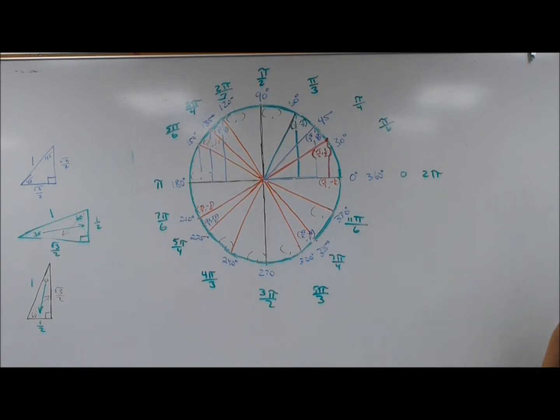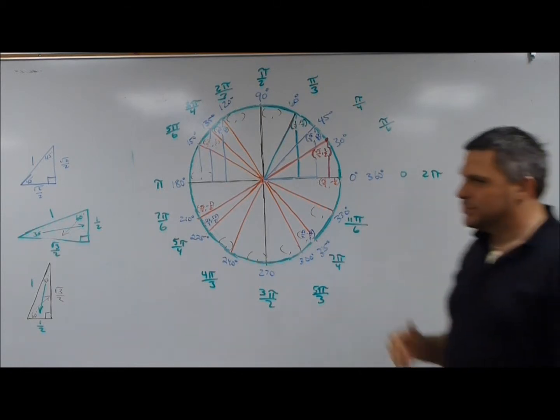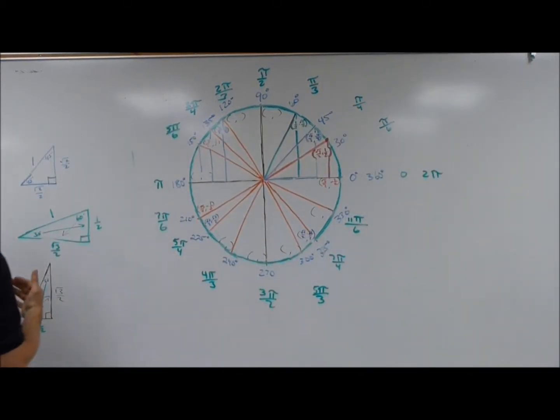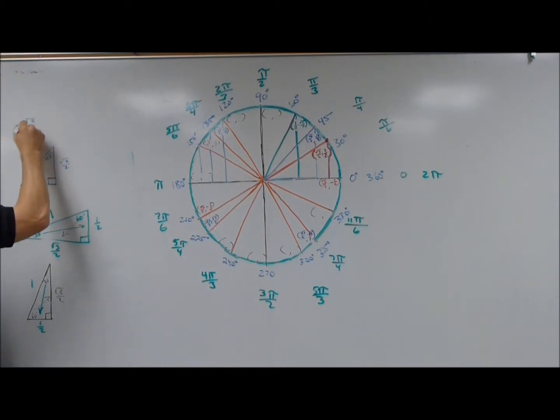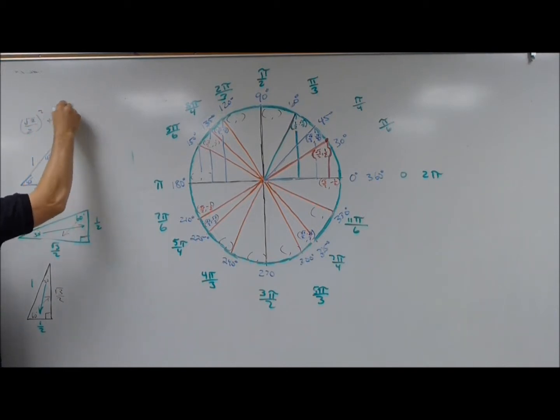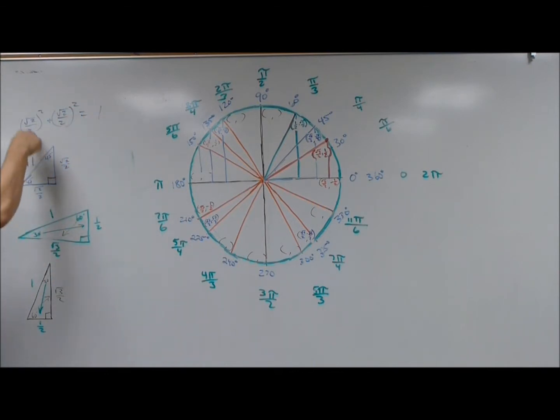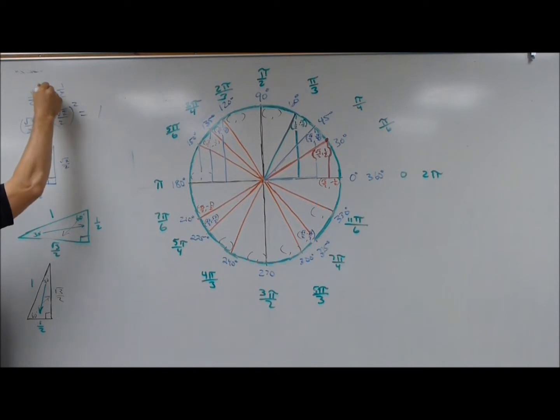All right? And then we start to notice these certain triangles. The 45-45 triangle, when you do the Pythagorean theorem, you have the square root of 2 over 2 squared plus the square root of 2 over 2 squared should equal 1. This squared is 1/2, and this squared is 1/2, so that equals 1.